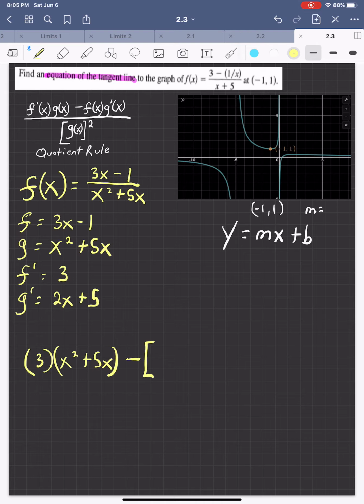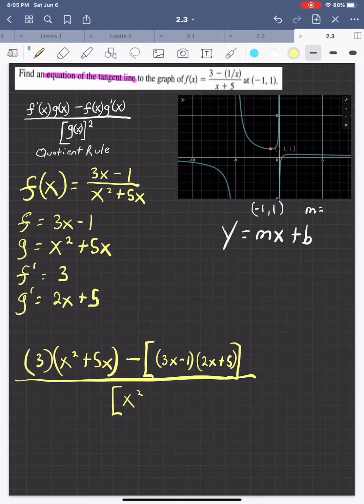So f is 3x minus 1, and g prime is 2x plus 5, all over g squared. So in this case, g was x squared plus 5x, and we want to square that.